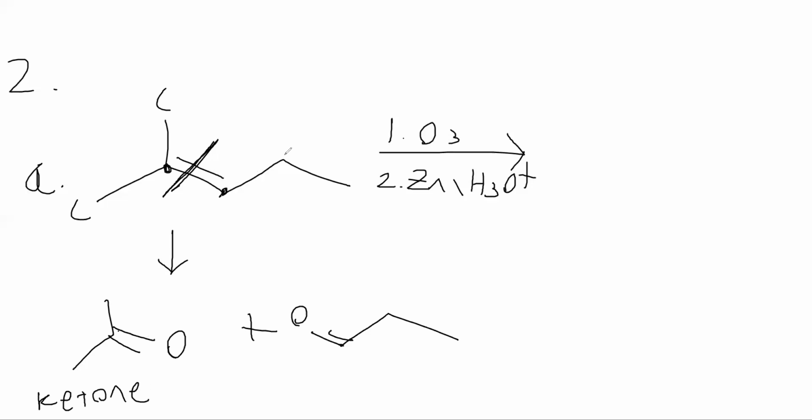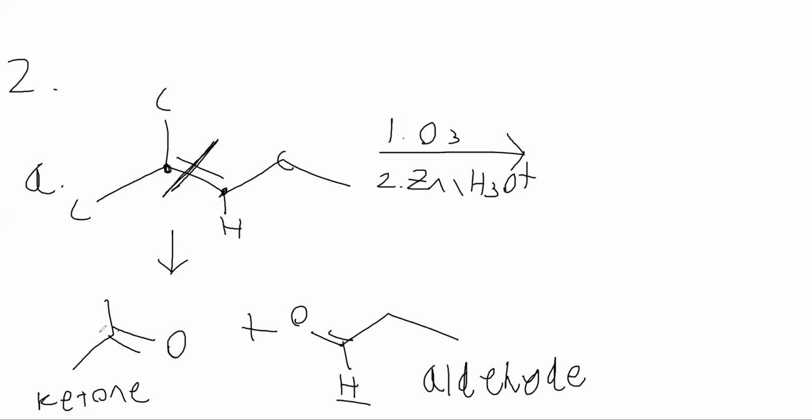And then this carbon here is bonded to a carbon here, but it's also bonded to a hydrogen. So there's still going to be that hydrogen there. And this is an aldehyde. So if there is a hydrogen on at least one of the double bond carbons, then there's going to be an aldehyde formed.